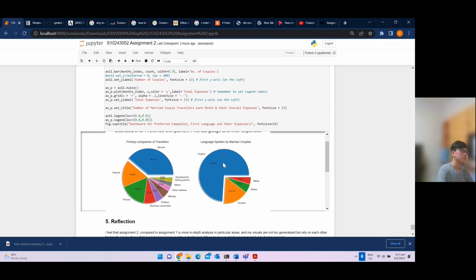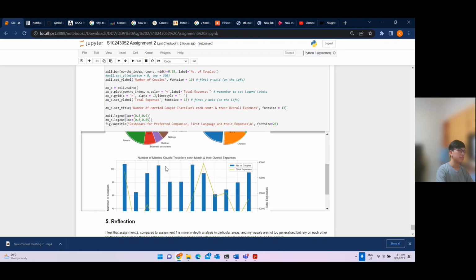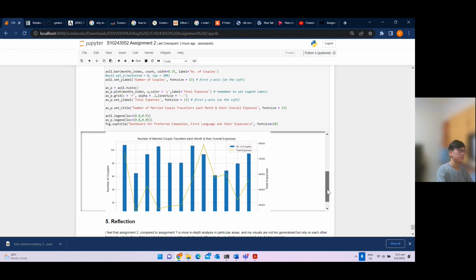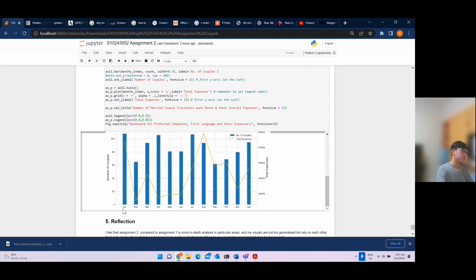Based on the spouse, the language spoken by married couples is fortunately English, because English is the first language of Singapore, and it's very lucky that Indonesians can understand Singaporeans. Based on this, for the number of married couple travelers each month and their overall expenses, unfortunately for the first 2 quarters, Q1 and Q2 of 2015, we saw low values of total expenses.